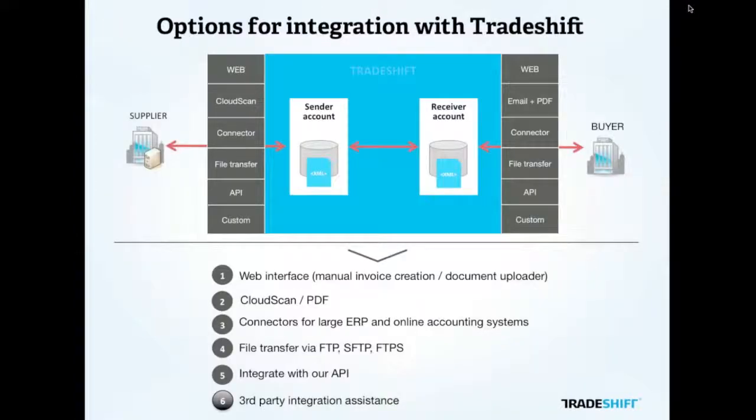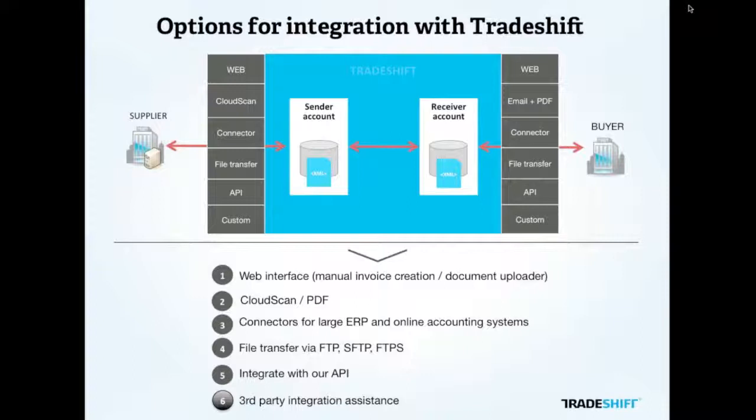But just to give you an idea of other options for integrating with Tradeshift, you can connect your suppliers in many different ways, and CloudScan is just one way to connect, especially the long tail of small suppliers that are not inclined to use one of our off-the-shelf connectors, or use a file transfer, or integrate using our programming interface, our API.